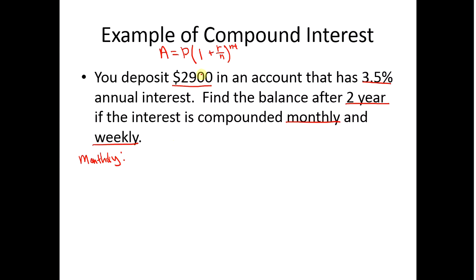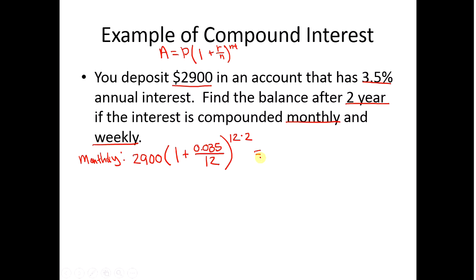P is my principal, the amount I deposited, $2,900. 1 plus my rate as a decimal, so 3.5% as a decimal is 0.035, over N, which is the number of times I'm compounding. I am compounding monthly, so that would be 12. 12 times, because N should match here, times your time. My time is 2 years.